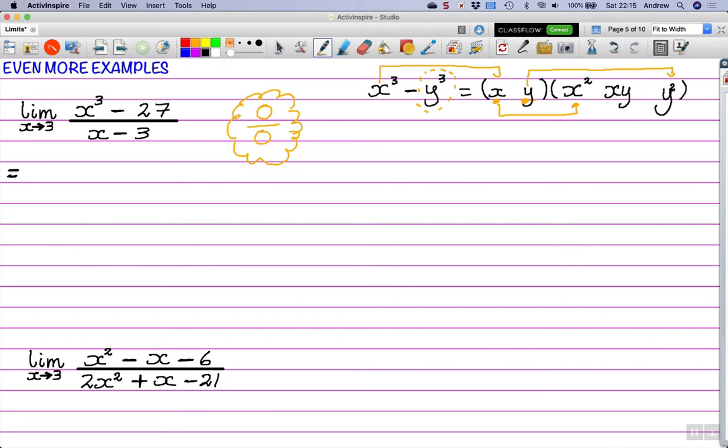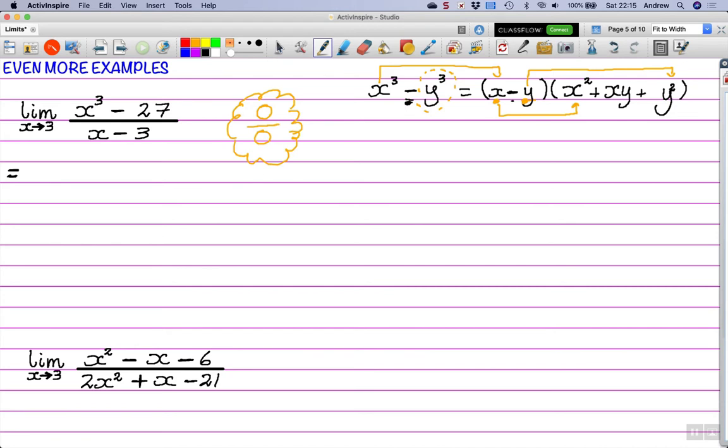Now we need to worry about the signs. There's only one minus sign, and whatever the sign is here is always the sign you put in here. So if that was a plus here, you'd be putting a plus in between the x and the y. There's only one minus sign, so therefore the other 2 symbols must be a plus. So that's a quick reminder.